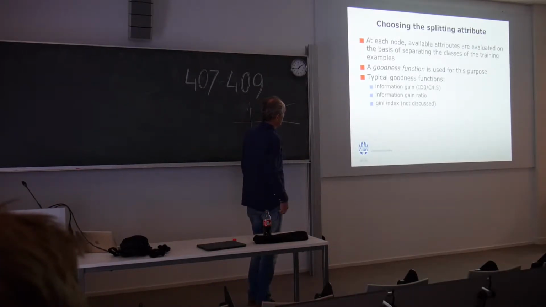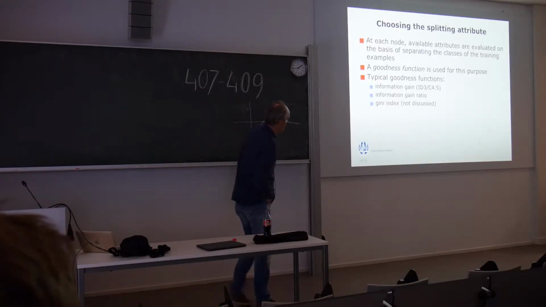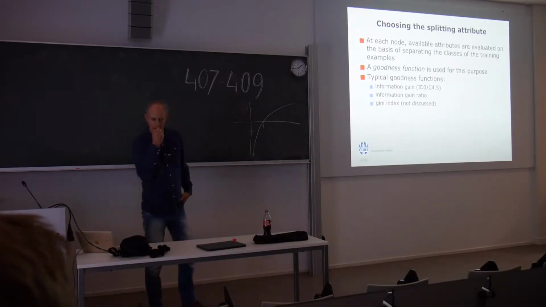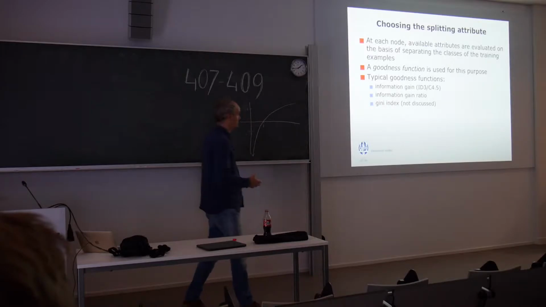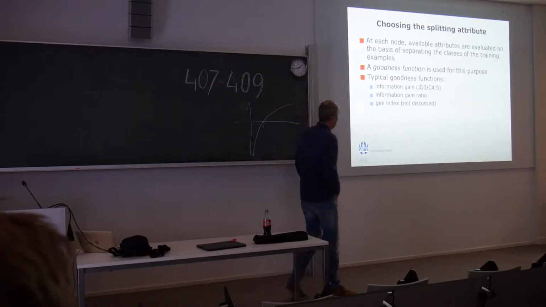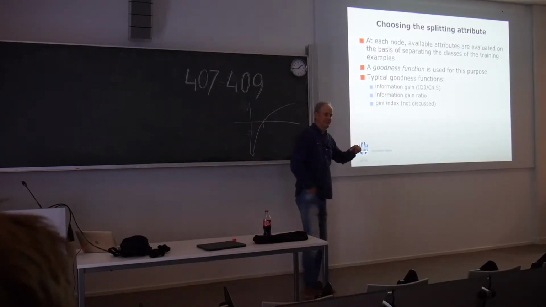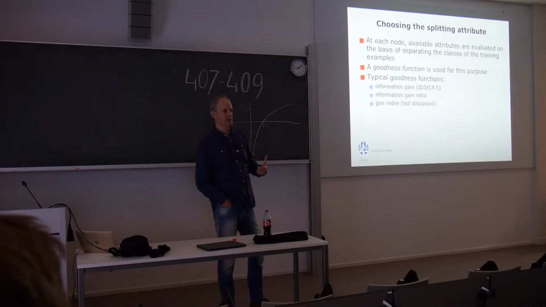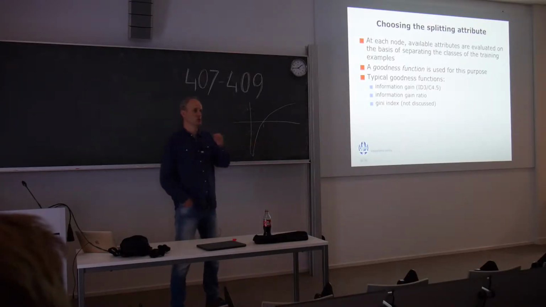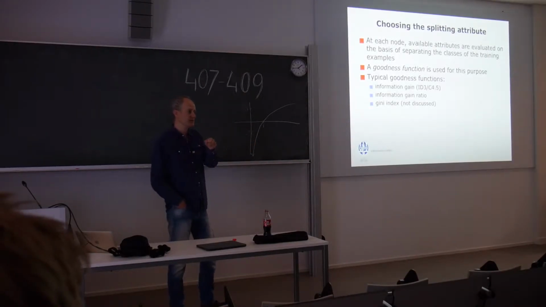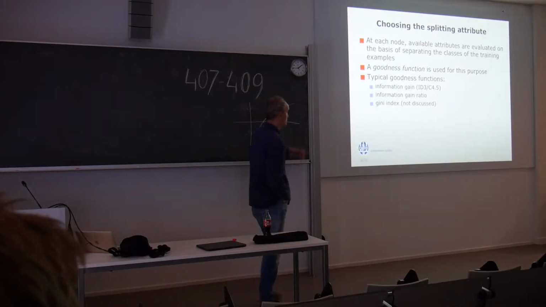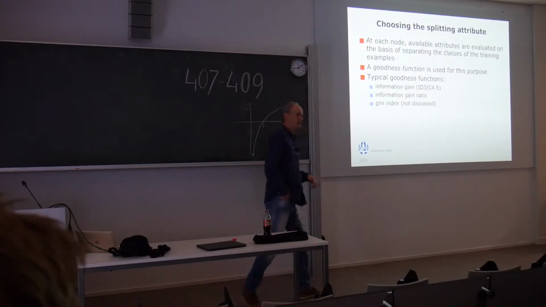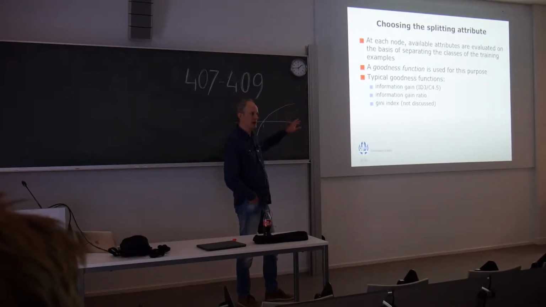Now it's called a goodness function or a quality measure or an interestingness measure, all kinds of names for it, but the good thing to realize is that there's no one function that is ideal. You can think of a lot of possible functions to give a number to how good each attribute is, and there's a few obvious ones, but this is not an exact science.